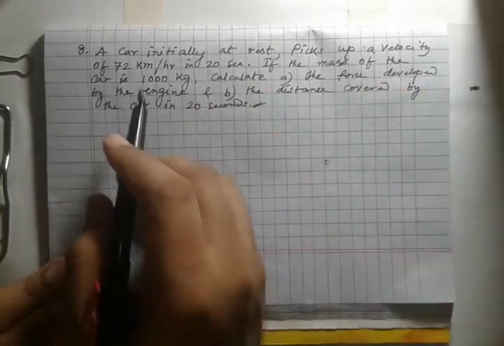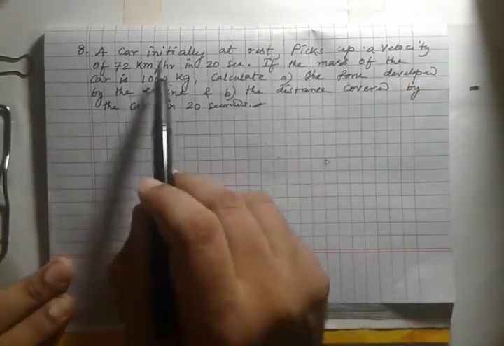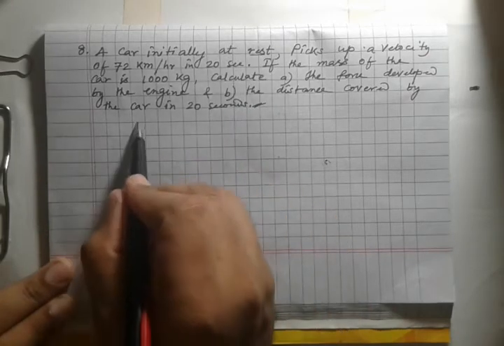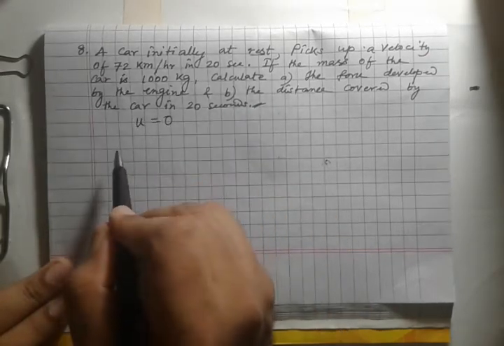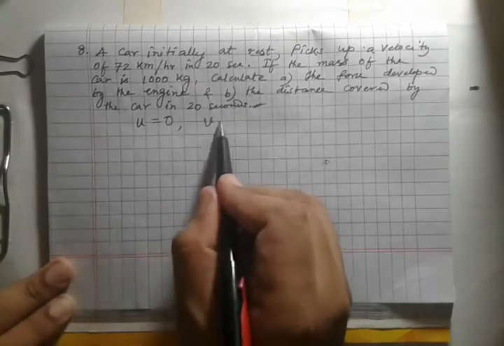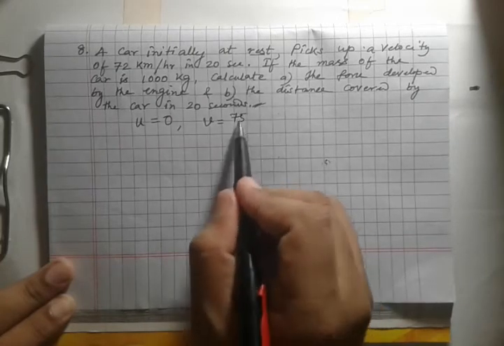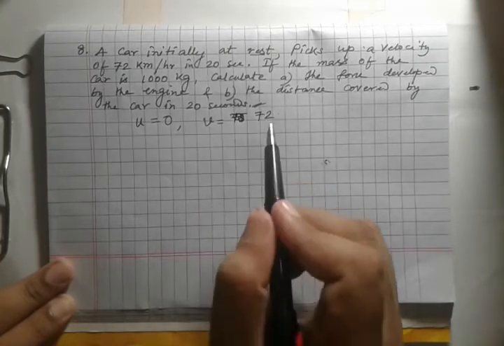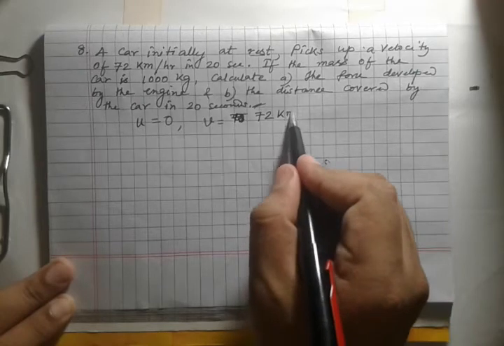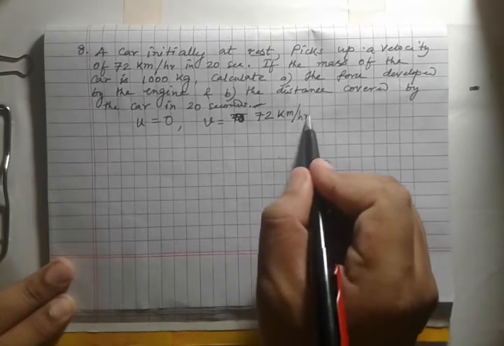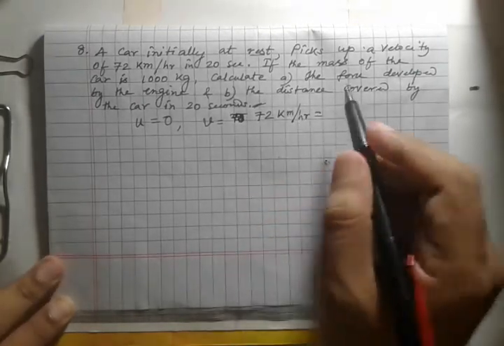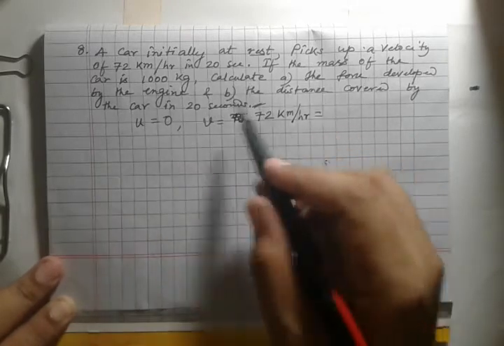So first, what are the things given? Initially at rest, they said, so u is equal to 0. And v is given here, 72 kilometer per hour. Then you have to convert into meter per second, because everything is in SI unit.